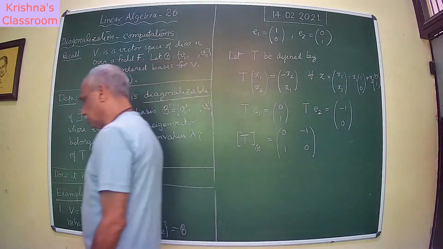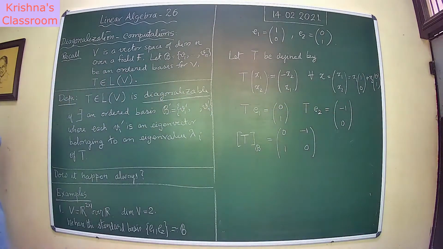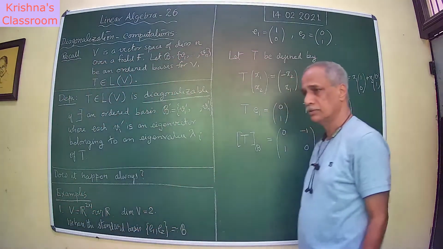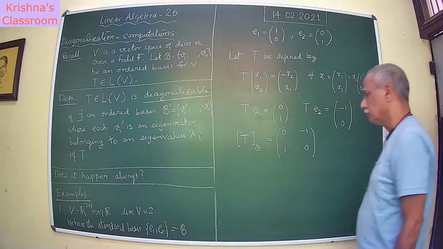Now, what you have to do is to find out the eigenvalues and eigenvectors of this. What do we have to do?